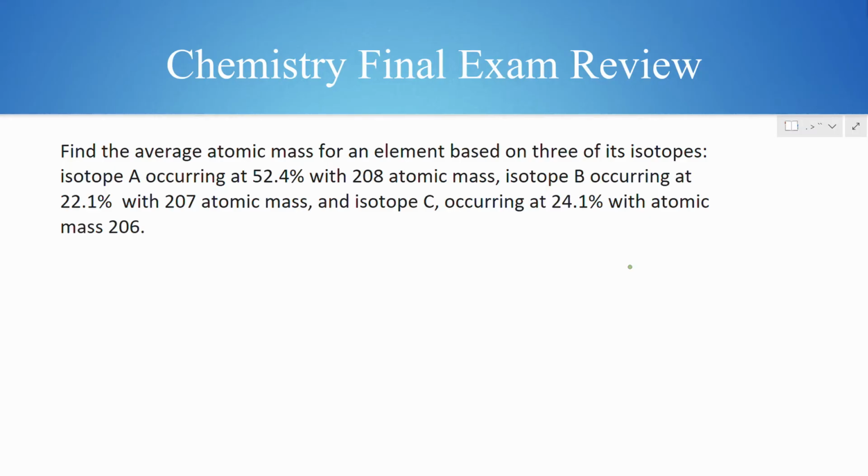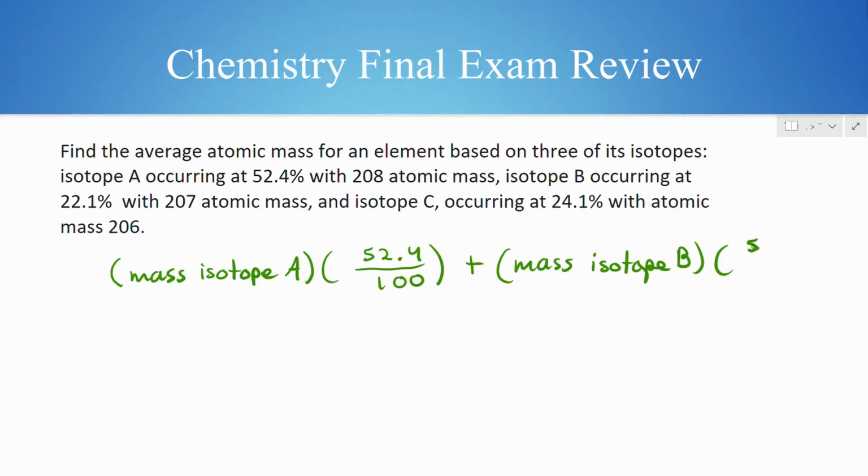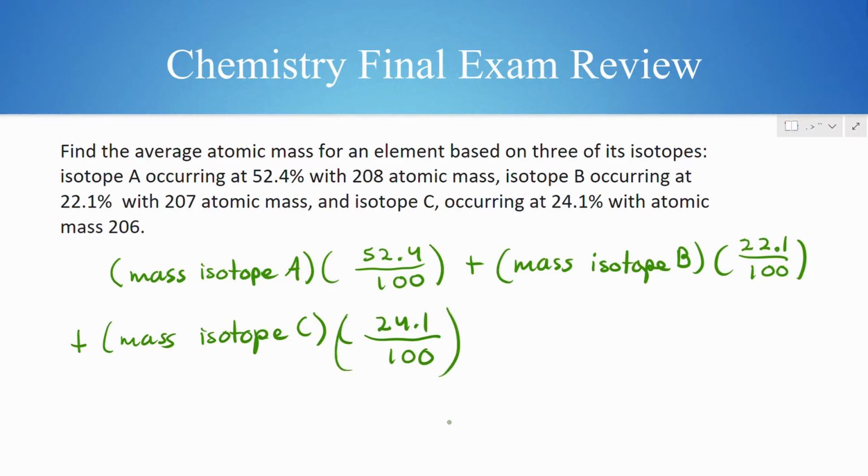To find the average atomic mass, we are going to be using this equation that goes like mass of isotope A times the percent divided by 100 plus the mass of isotope B times its percent divided by 100 plus the mass of isotope C times its percent divided by 100. And this will give us the average atomic mass.